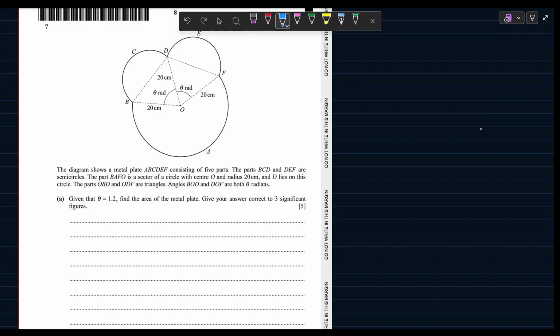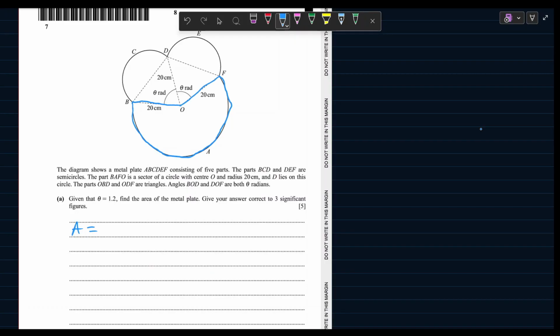So let's create an expression for our area. Our area is going to be, first, this sector over here, the BAFO sector, going round all the way up to F and then coming back here.